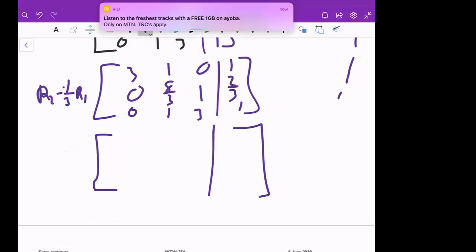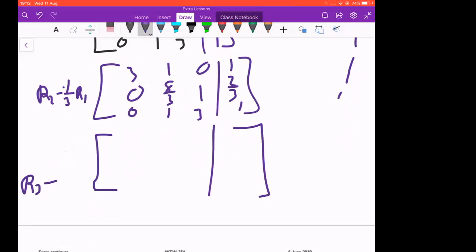And then for this one, you will have root 3 minus 3 over 8 root 2.